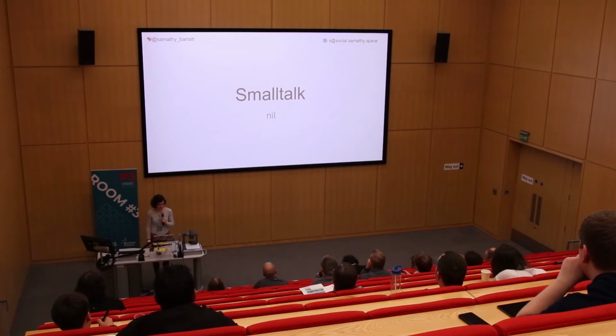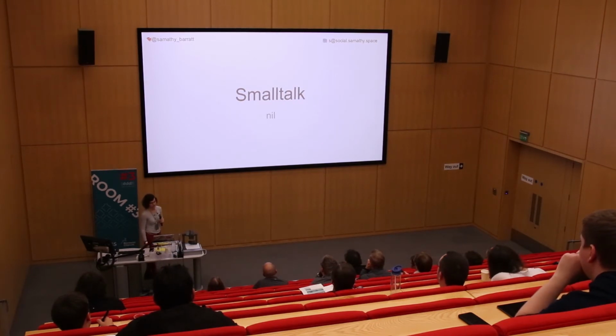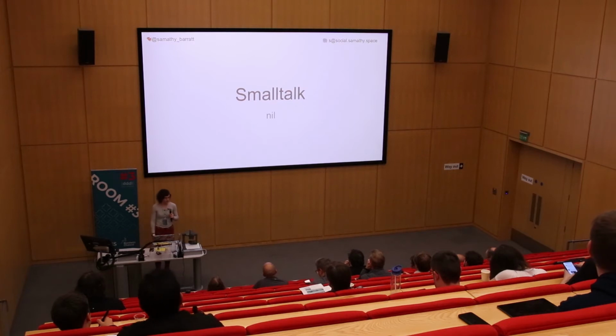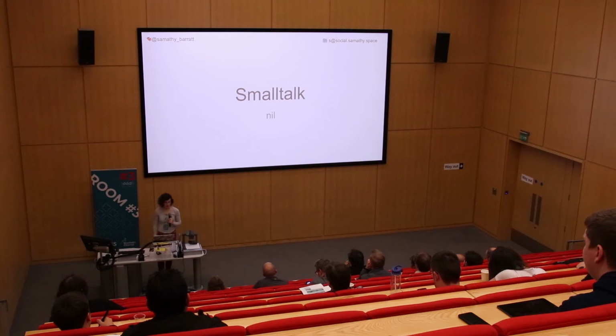So let's talk about some languages that use objects. I'm going to start with Smalltalk, a very early object-oriented language from the 70s. It was standardized in the 90s. But yeah, in Smalltalk, everything is an object.